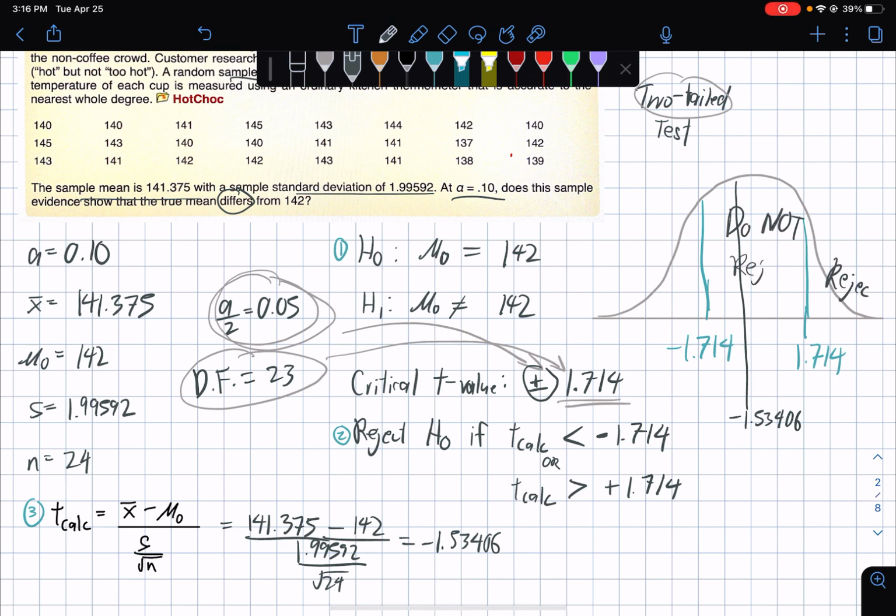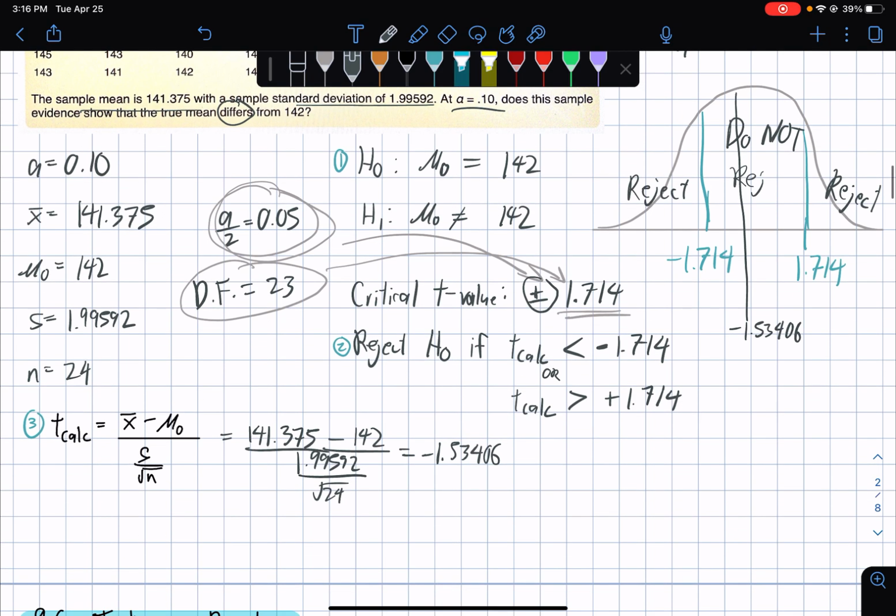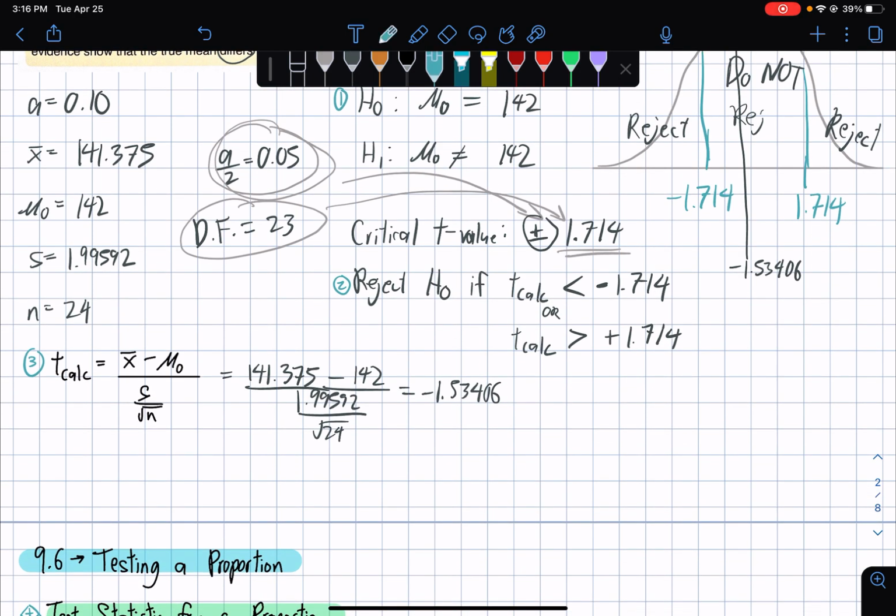The right side and left side is reject. So technically our t value falls under do not reject. Therefore, for step 4, fail to reject H0, or the null hypothesis.